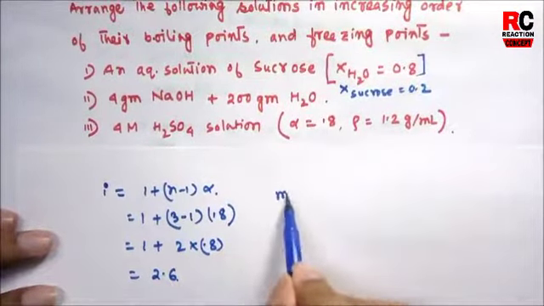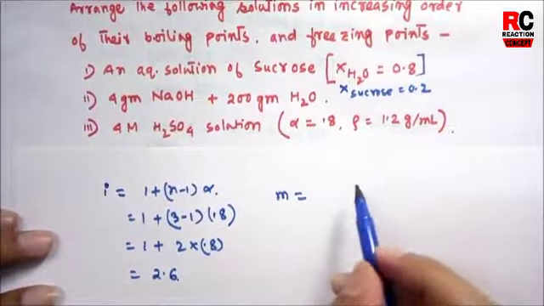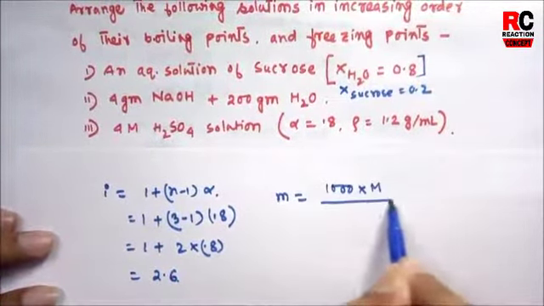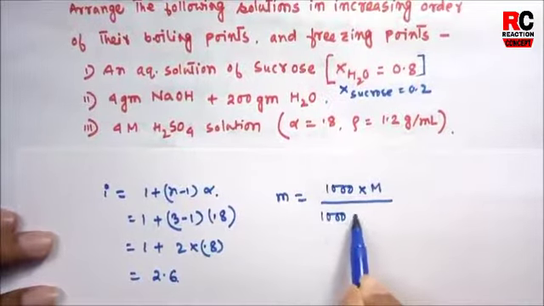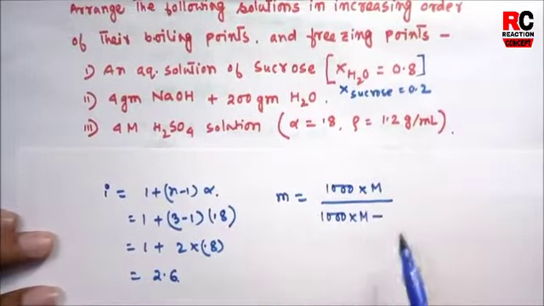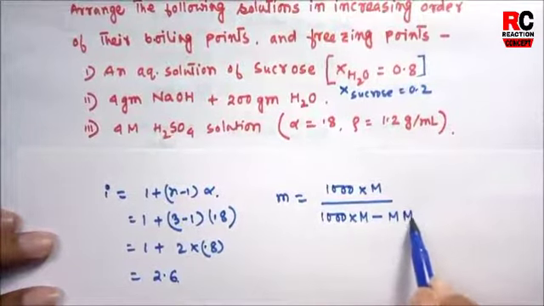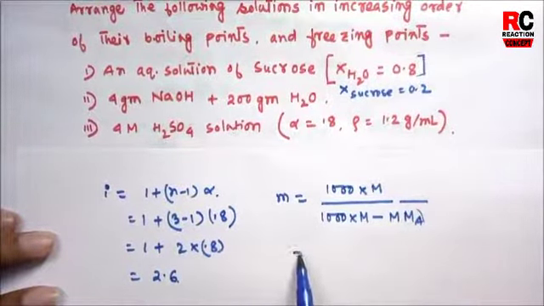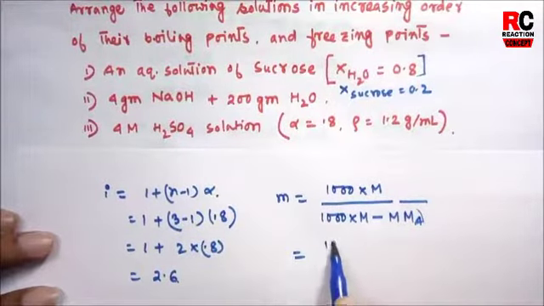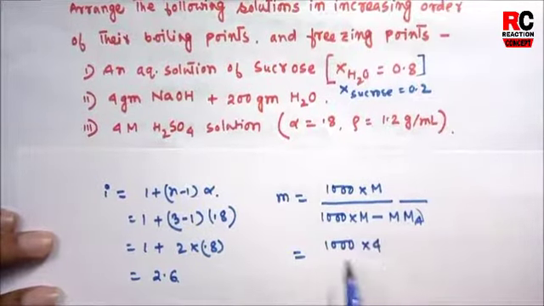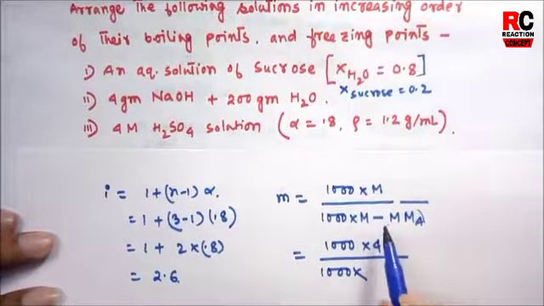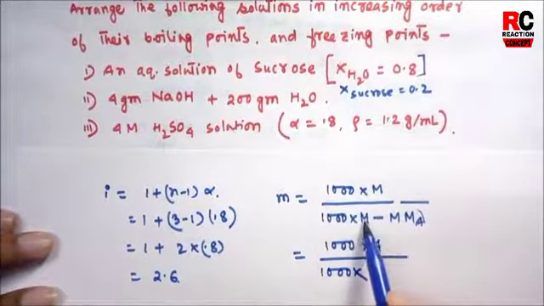So the molality of the solution would be 1000 into molarity divided by 1000 into density of the solution minus molarity into the molar mass of sulfuric acid, that is the solute. So the numerator is 4000, and I think it should be, it is not molarity, it is the density of the solution.